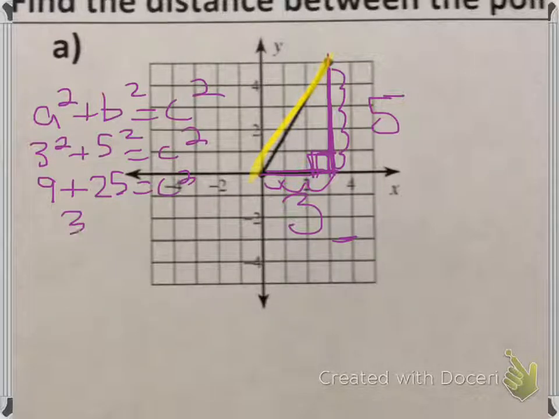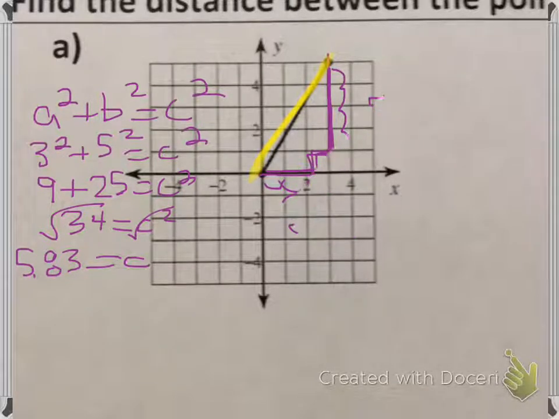Those add together to be 34. And then when I square root 34, I get a decimal number, which is 5.83. So that's how you've probably been taught in the past to do distance.